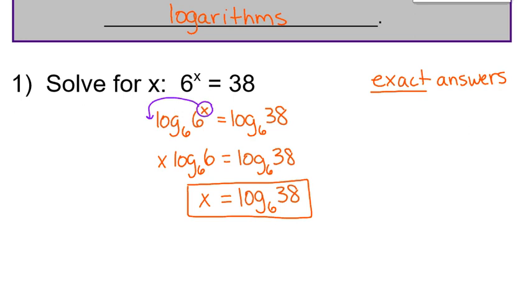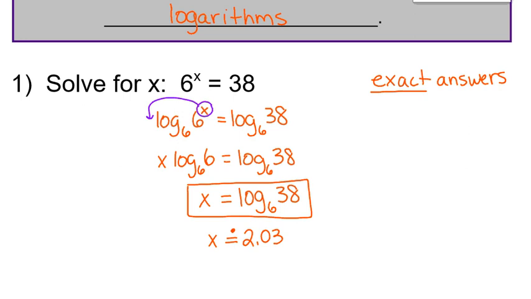And what we want to do next is see how we would type this into the calculator. I think we've already looked at using log base buttons on our calculator. So if your calculator is able to do log base 6, that's great. Just type it in and you get the approximate answer of 2.03 if you round to the nearest hundredth.